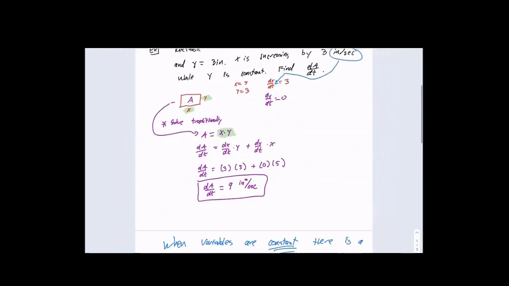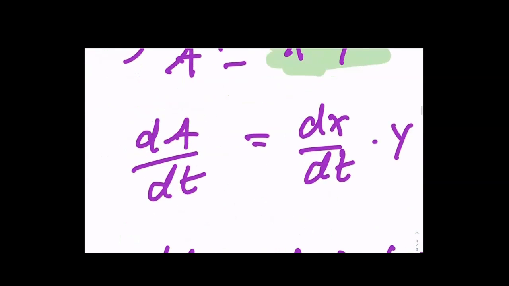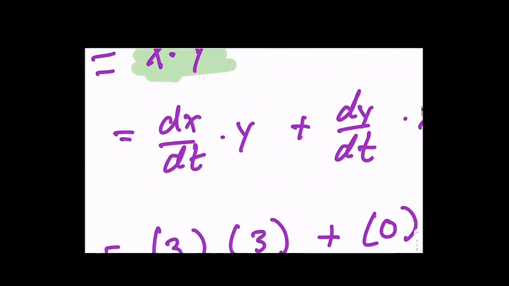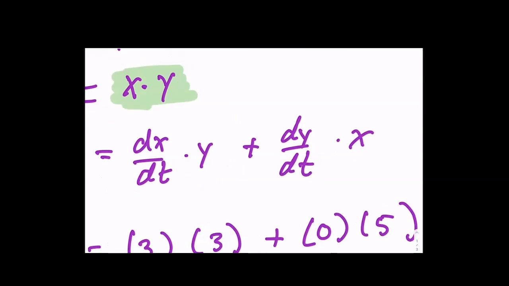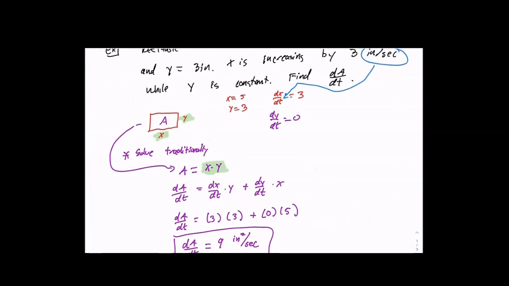So in this problem, we had 2 variables which turned into 4 in the rates of change, because they're derivatives. In order to find dA/dt, you need dx/dt, y, dy/dt, and x. However, in this problem, it's possible I didn't even have to give you x.